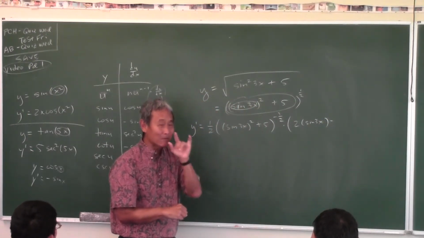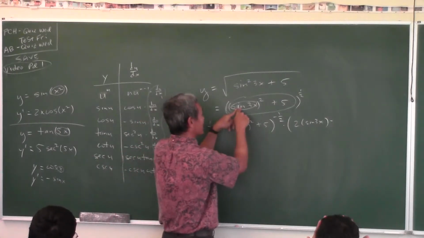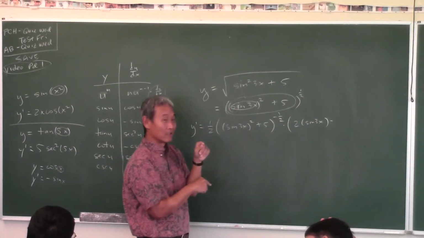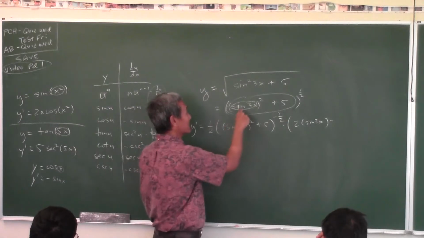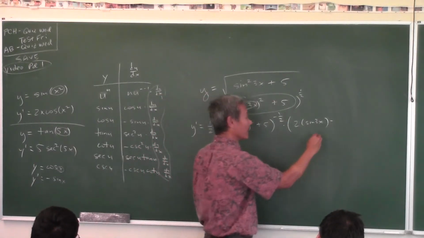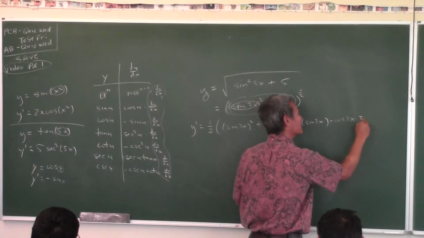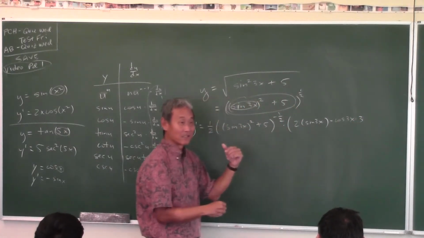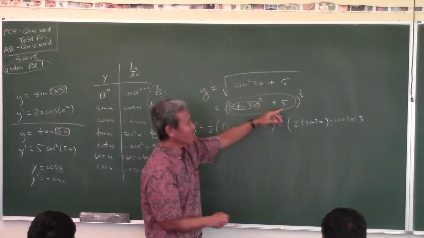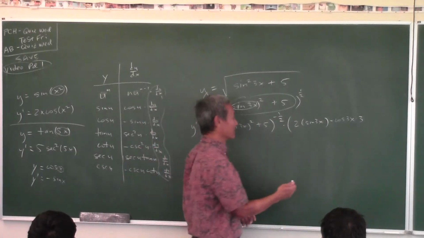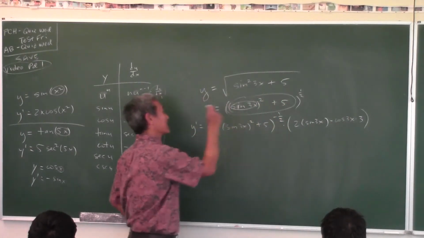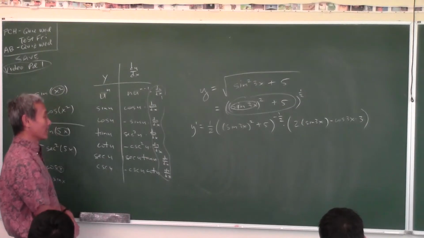What is that box? 3 sine box. What is the derivative of sine box? Cosine box times the derivative of that box. And then of course plus 5, the derivative of 5 is 0, right? Yes. Boom! That is the correct answer, and I will leave the simplifying to you.